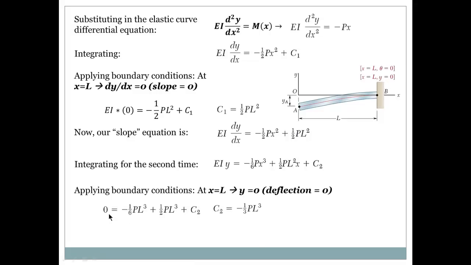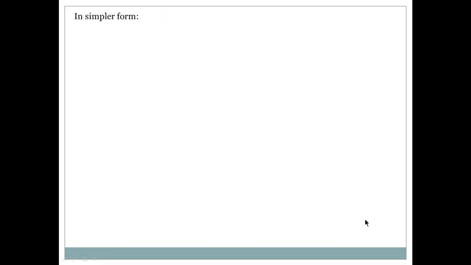So 0 equals this, and then when I solve for C2, C2 equals minus 1/3 PL cubed. Now our deflection equation is EIy, this, and I substituted minus 1/3 PL cubed for C2. In a simpler form, this is the deflection.